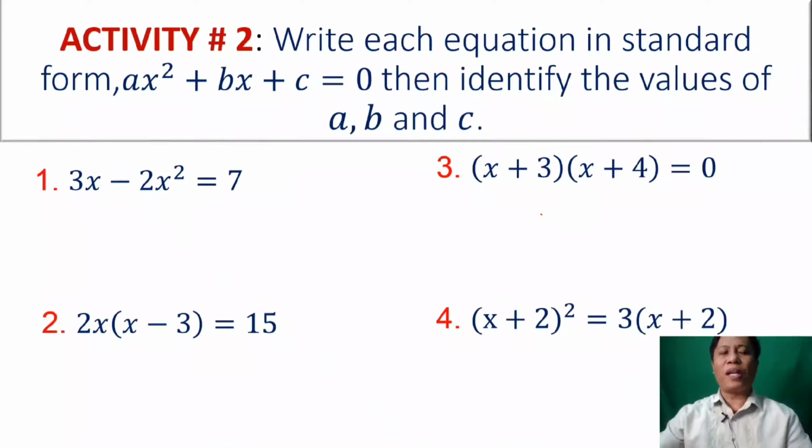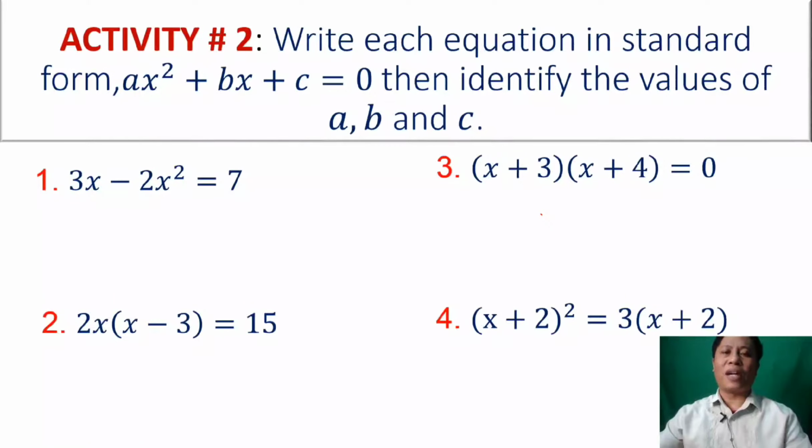Example number 1. 3x minus 2x squared equals 7. How to write that in standard form? You simply arrange the terms. So your negative 2x squared, this quadratic term, will come first, followed by the linear term, followed by the constant, equals 0.